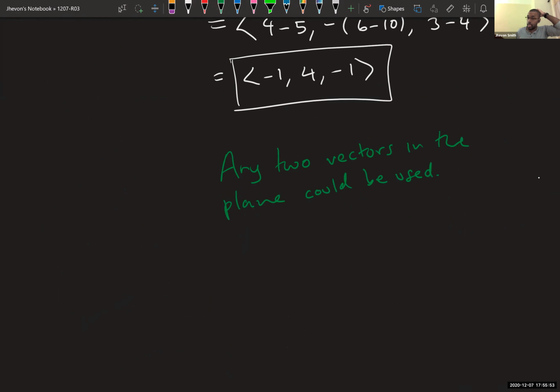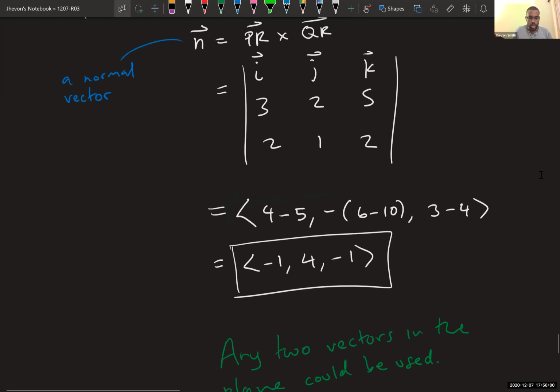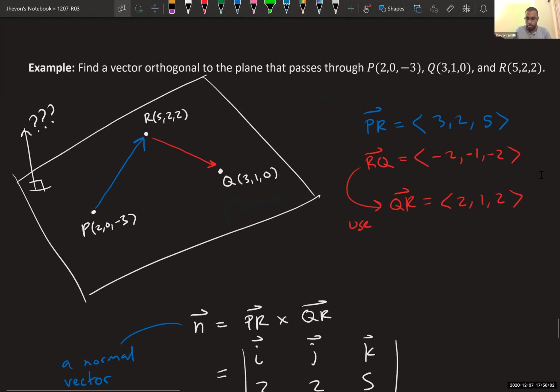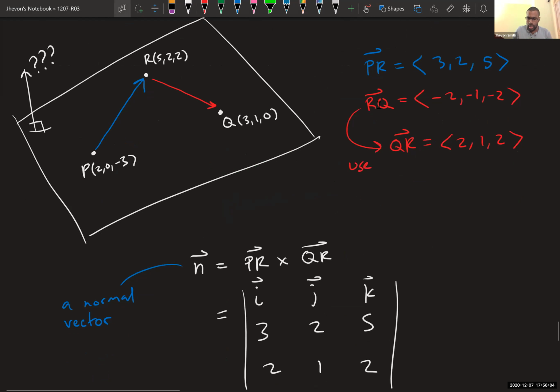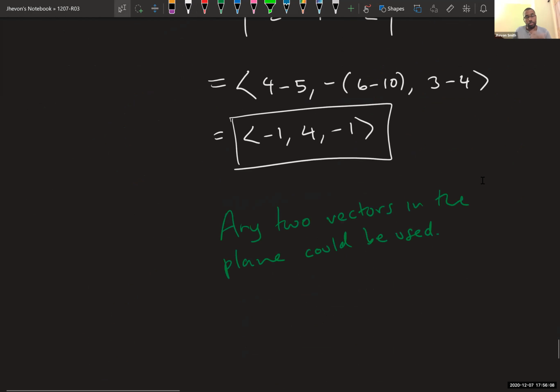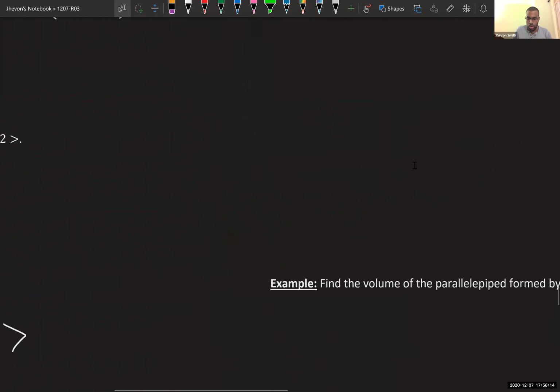You will definitely get something that's parallel to this one direction that we found. So you could have made a different choice for your pair. It wouldn't have mattered. In fact, if I use RQ instead of QR, I would just get the negative of this answer, which is parallel. So one normal vector is pointing up versus pointing down. It doesn't matter, they're still normal.